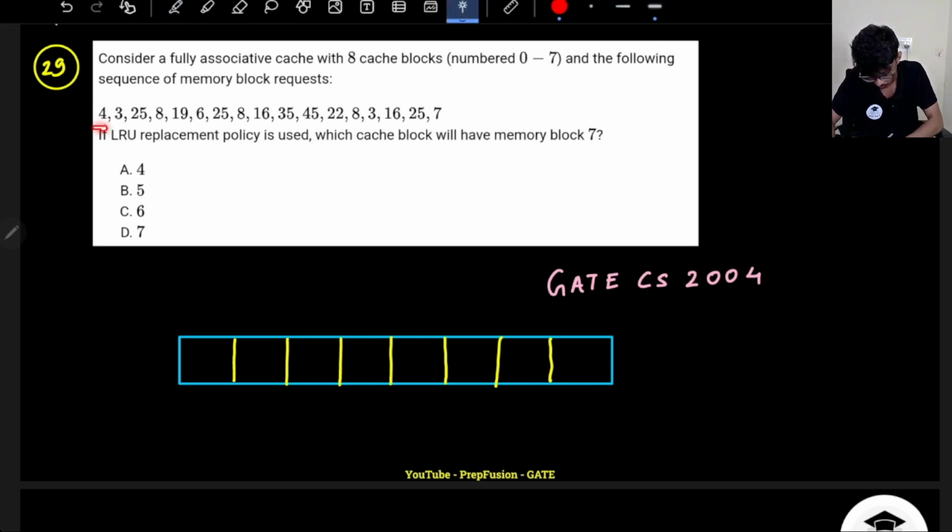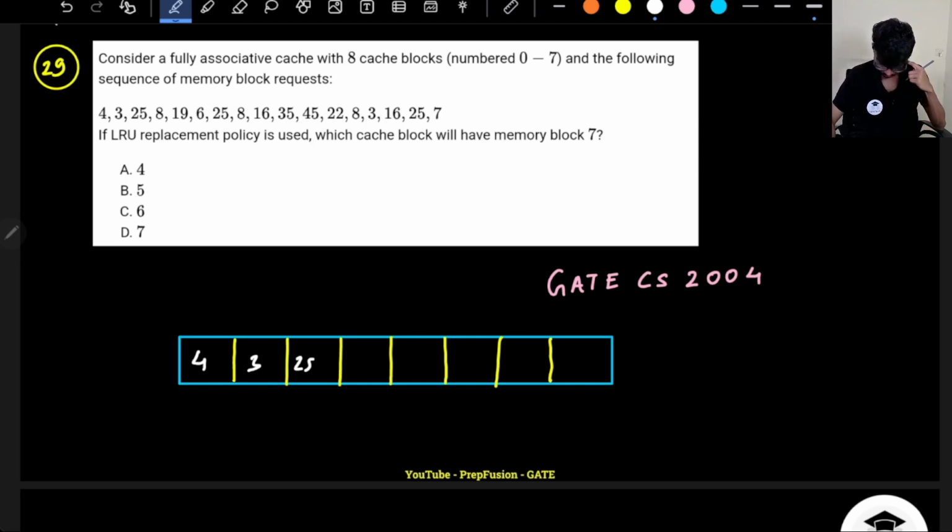Initially the cache is empty, so first I will bring 4, then 3, then 25. Where will each be stored? These are the cache block numbers 0, 1, 2, 3, 4, 5, 6, 7. It does not matter in which cache block number I store.